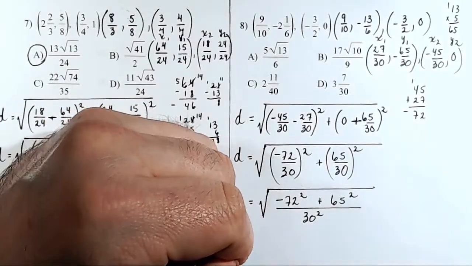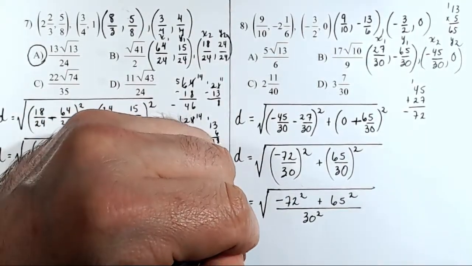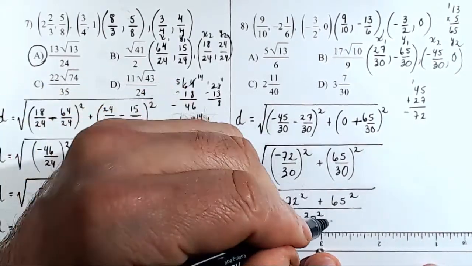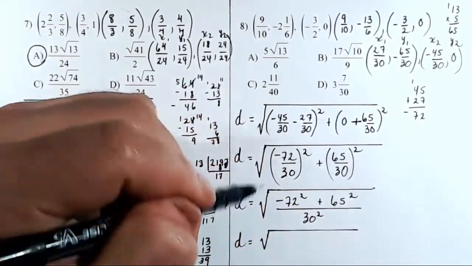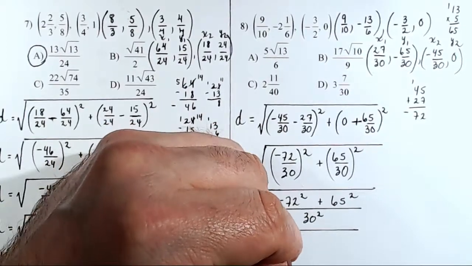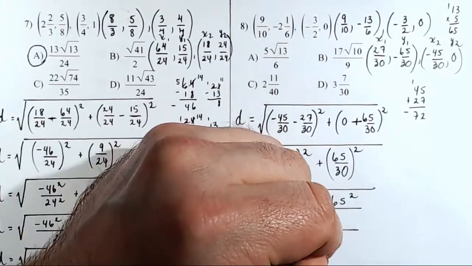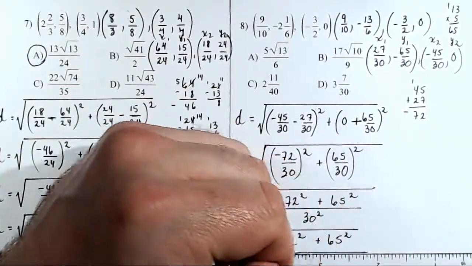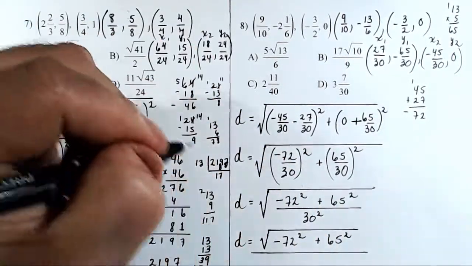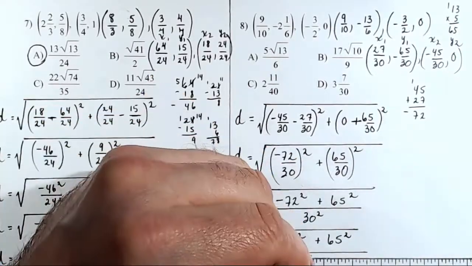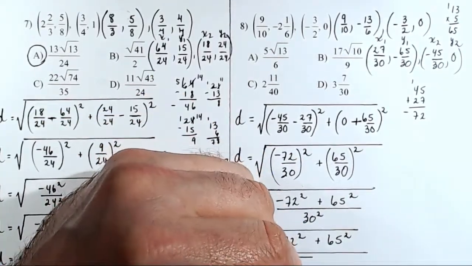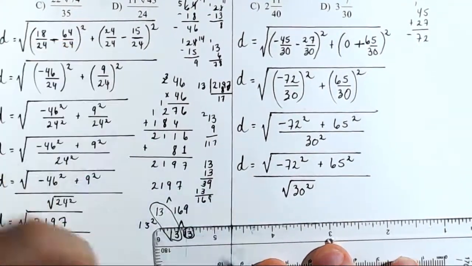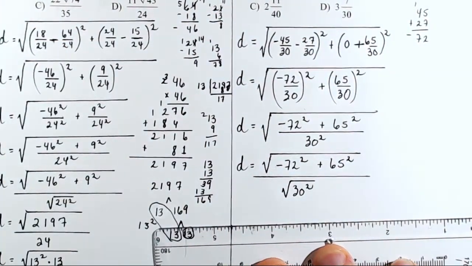All right. And now I can break it up into square roots on top and bottom. It's the square root of negative 72 squared plus 65 squared all over the square root of 30 squared. Of course, the square root of 30 squared is just 30.